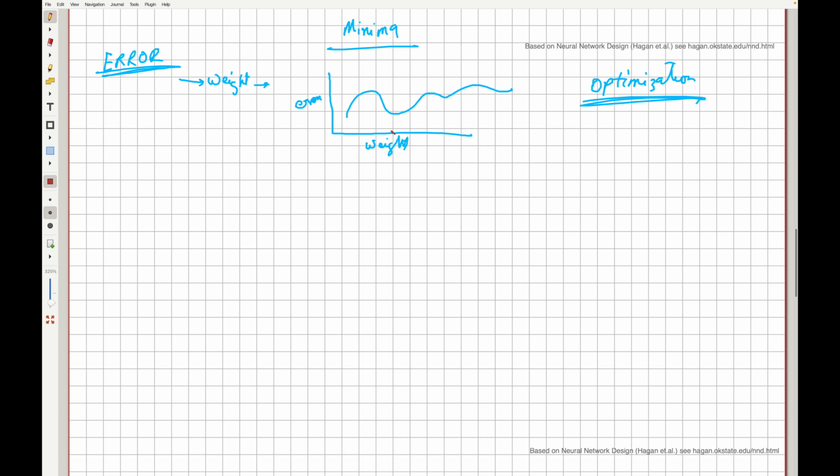The best possible weight is where we have the smallest possible error. So let's say this is the lowest point in this entire curve, then that's the lowest error we get if we use these weights. And that task of finding the weight with the lowest error is called optimization.